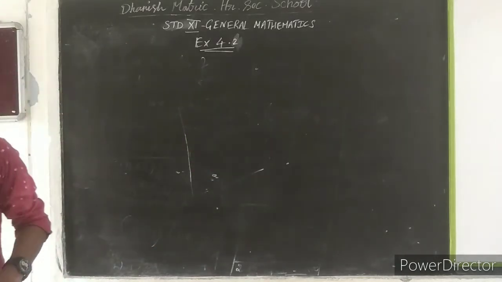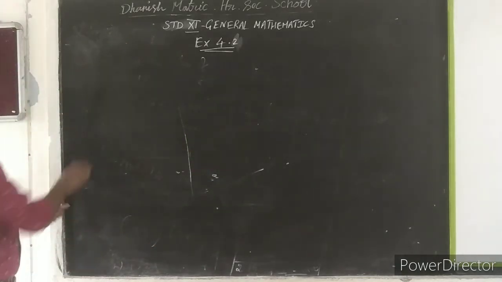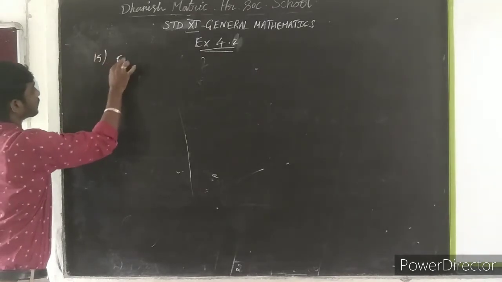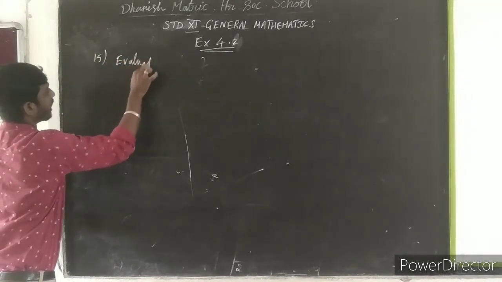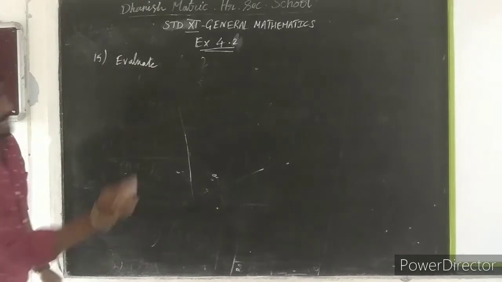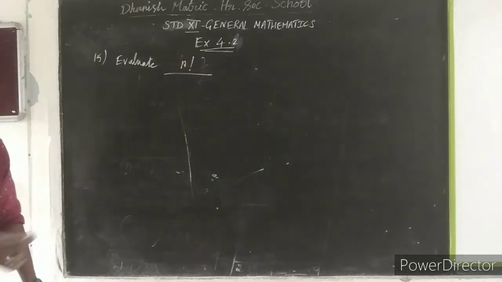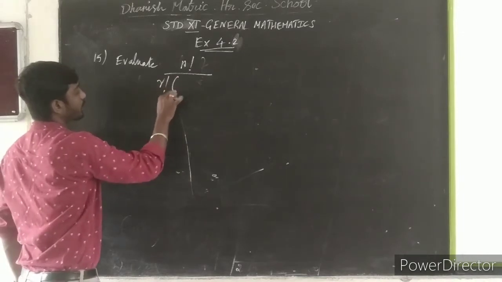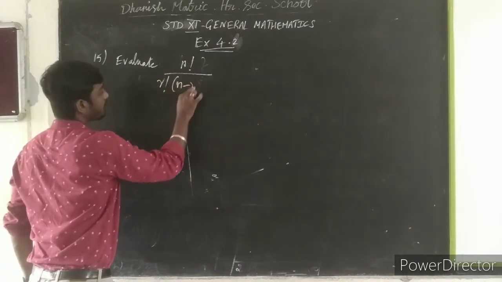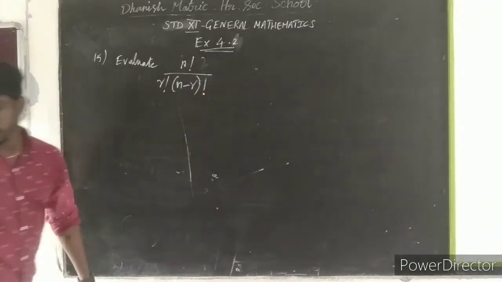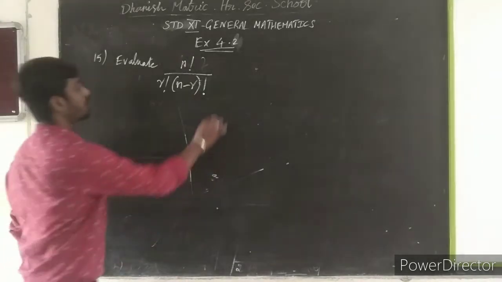So what is the question given here? Evaluate n factorial divided by r factorial into n minus r factorial, when n is equal to 6, r is equal to 2.